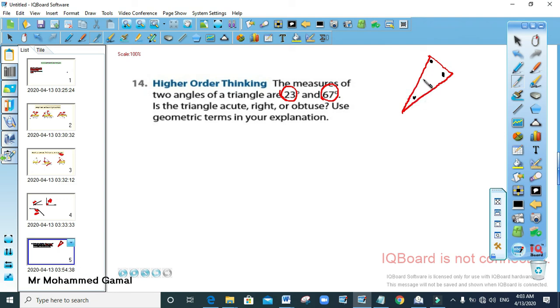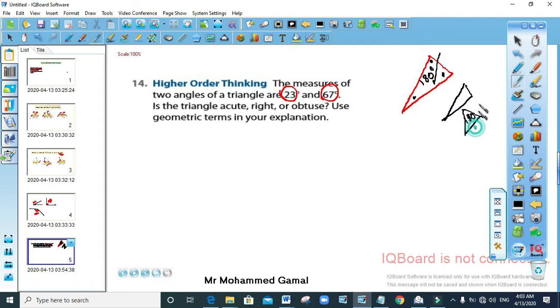The sum of the three interior angles should be 180 degrees. Any triangle, whether obtuse, right, or acute, should have 180 degrees. Here we have two angles, 23 and 67.